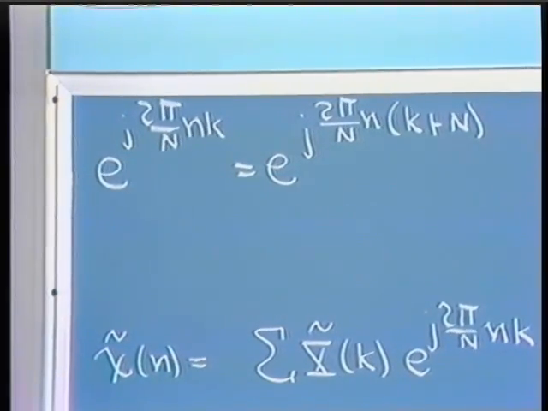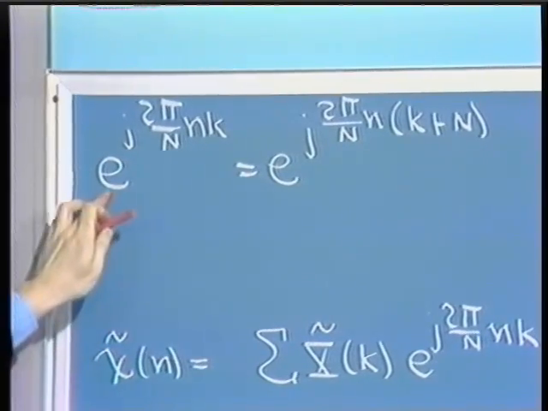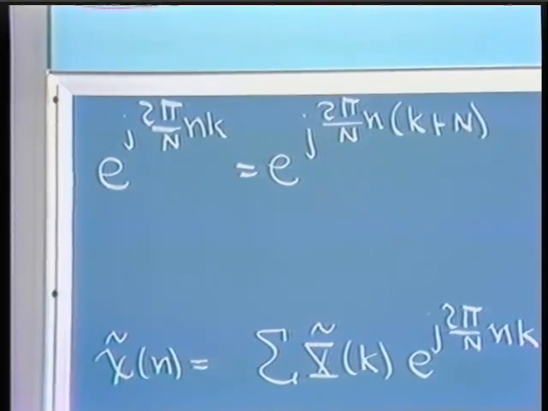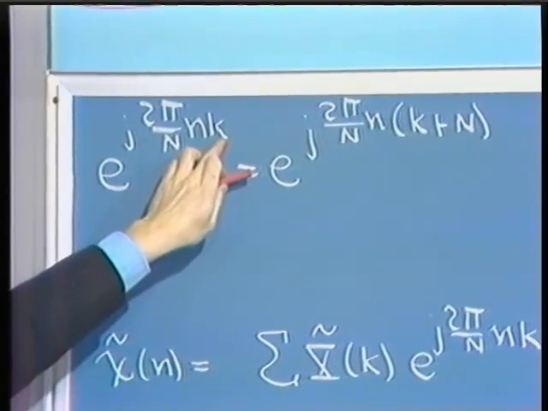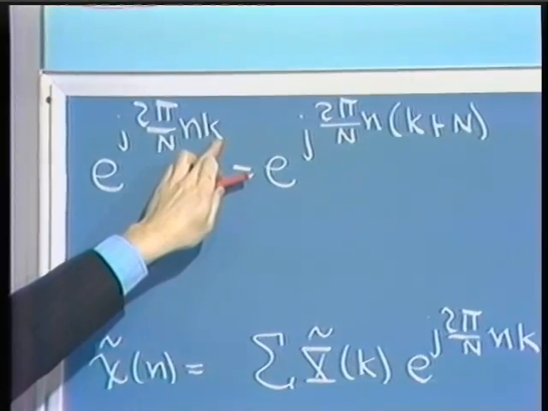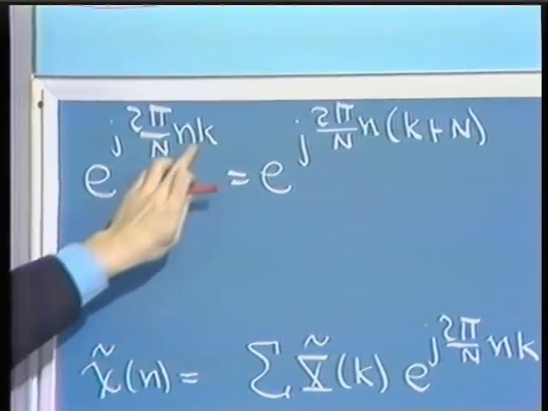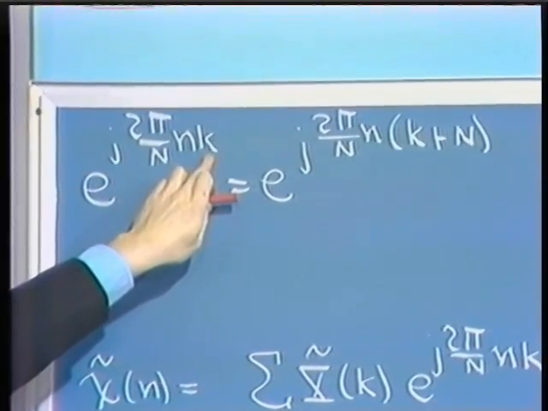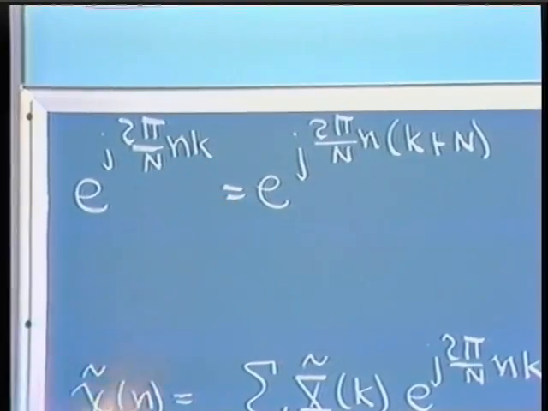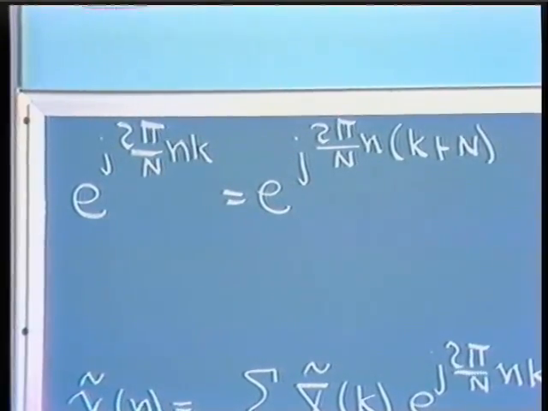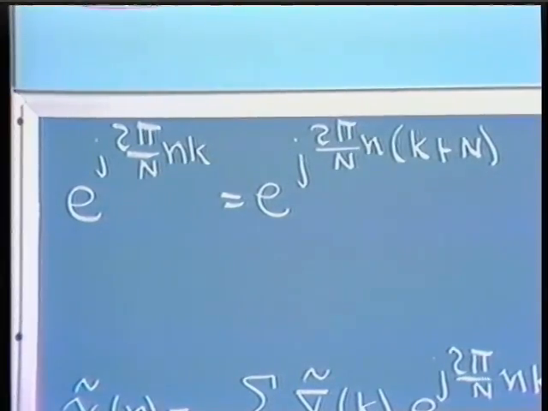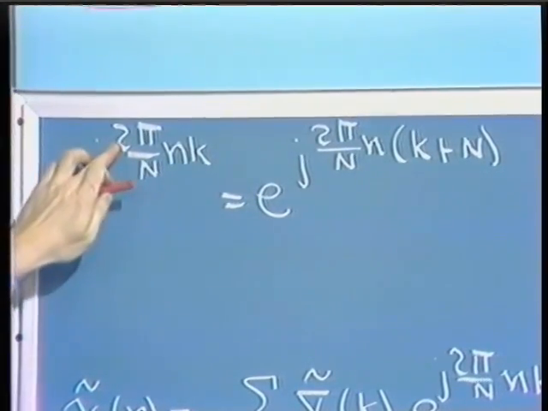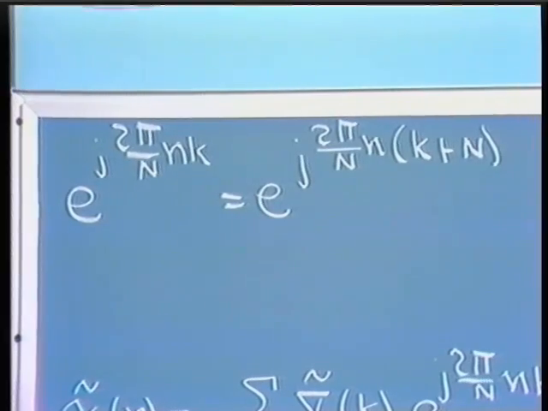And the statement that I want to make is that these complex exponentials are periodic. Of course, we know that they're periodic in n, but they're also periodic in k. As we vary k from 0 to capital N minus 1, we generate all of the possible harmonically related complex exponentials with this fundamental frequency 2 pi over capital N.